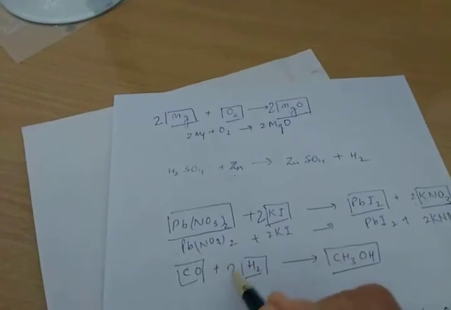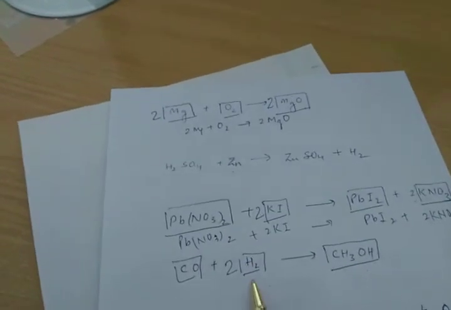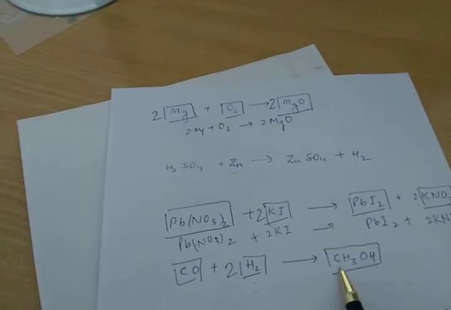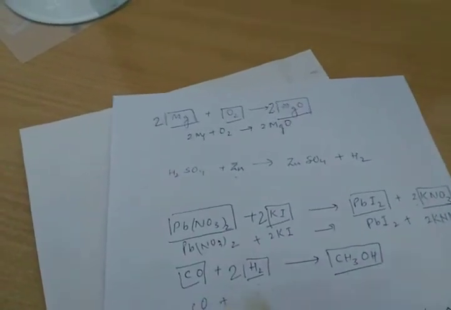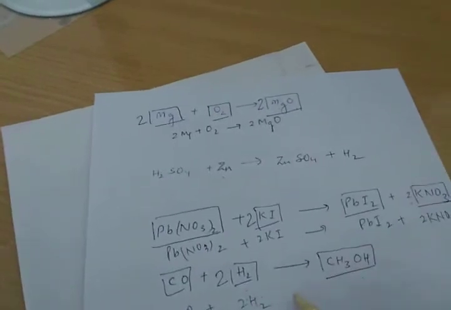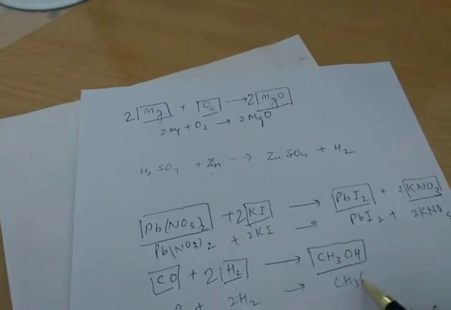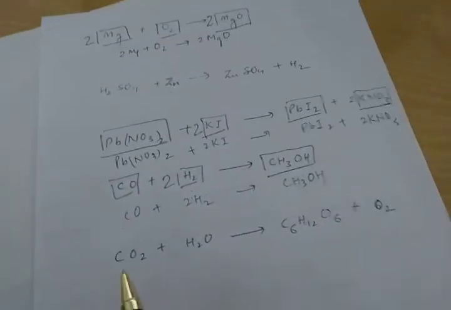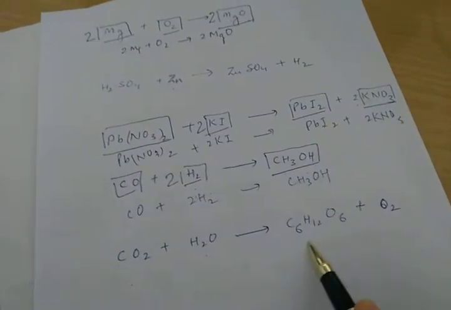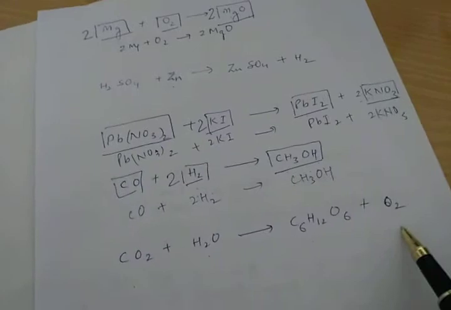So we multiply this hydrogen with 2. Now they become 4. Now carbon 1 left and right, oxygen 1 left and right. So now the reaction is balanced. CO plus twice H2 changes into CH3OH.